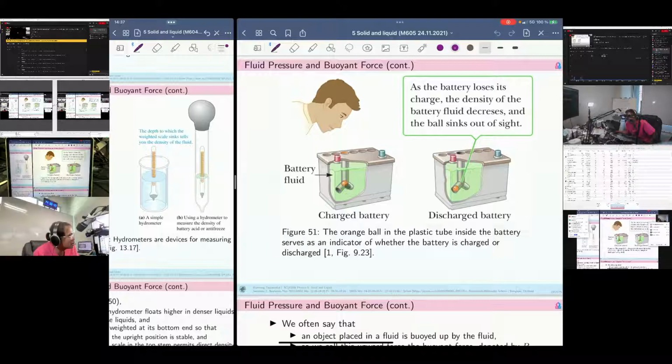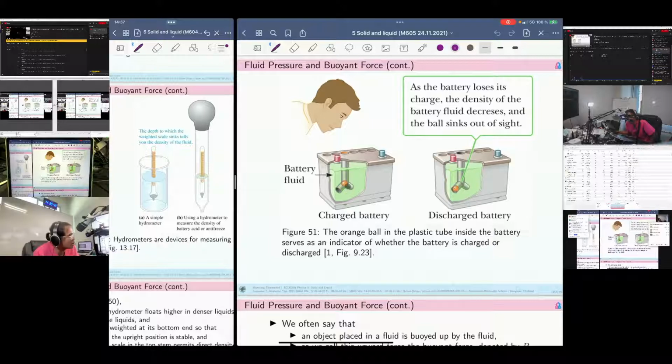At the beginning, when you get a new battery, everything works fine. The condition of this acid is perfect. It works well. A few years later, the concentration of the acid per pure water here is diminished.